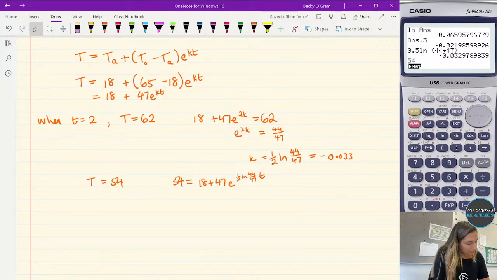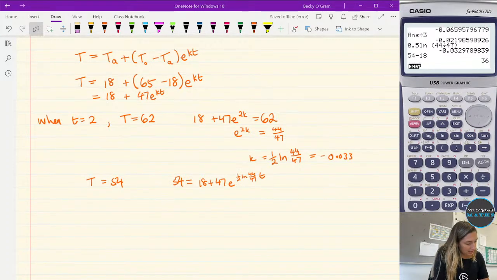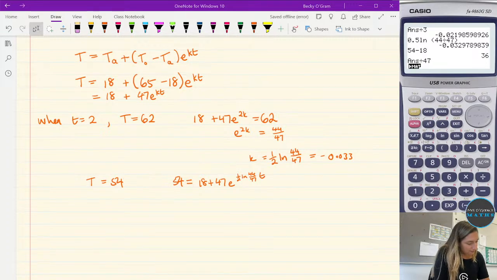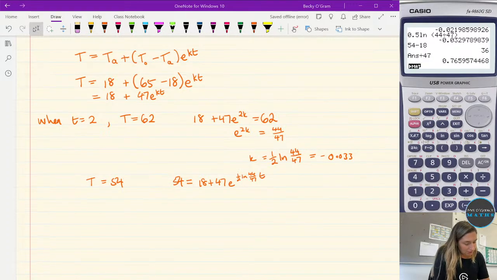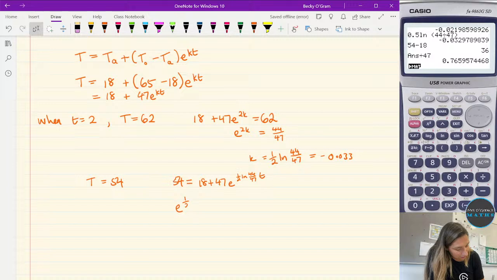So 54, take away 18. Then we divide by 47. Then we will do the natural log of that. Well, let's just write down what we've got so far. So we'd be left with e to the half natural log 44 over 47 times t is equal to this 0.766 stuff.